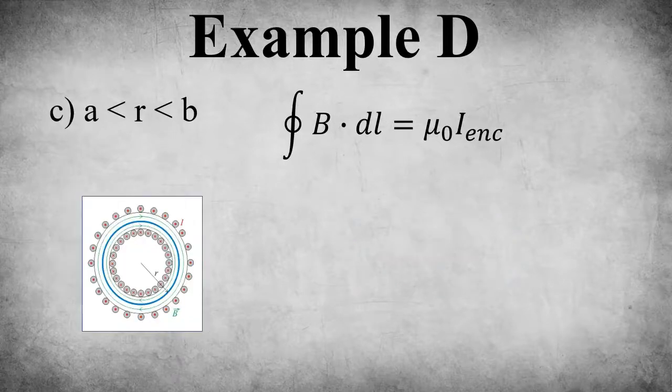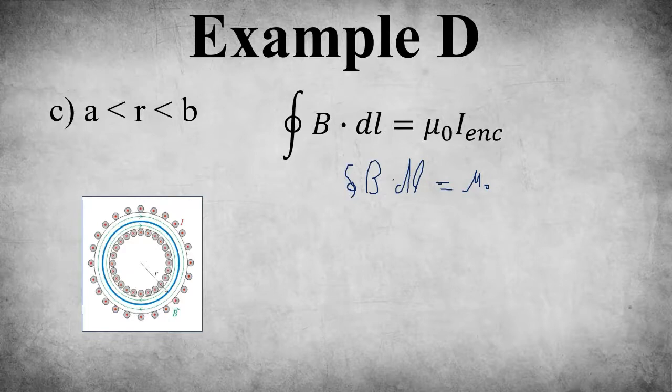Now, if you remember the picture that I showed you, this again is going to be 0. The reason why it's 0, well, let's look at the current enclosed. So again, we go integral B dot dl equals mu sub 0 times your current enclosed. So what's your current enclosed here? Well, on the inner and outer loop, just based on the nature of current flowing, they're going to be in opposite directions.